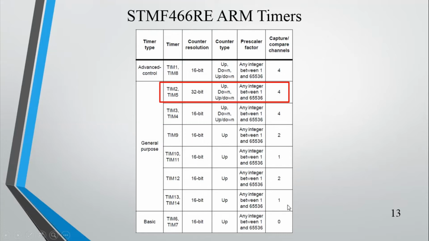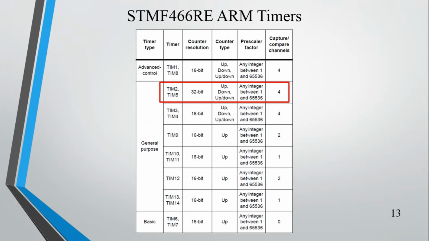So what do you mean by channel? In timer 1, 4 capture or compare channels are there. That means if you are performing say capture operation, whenever you are giving an input, you will start the timer, and when you are giving an external input, capture operation will take place. Current value of counter will be captured and stored onto capture registers.